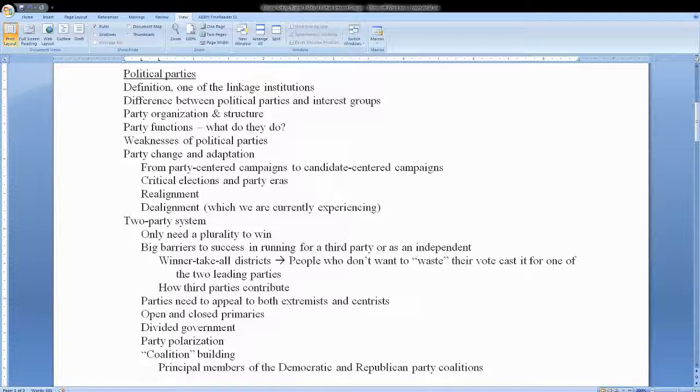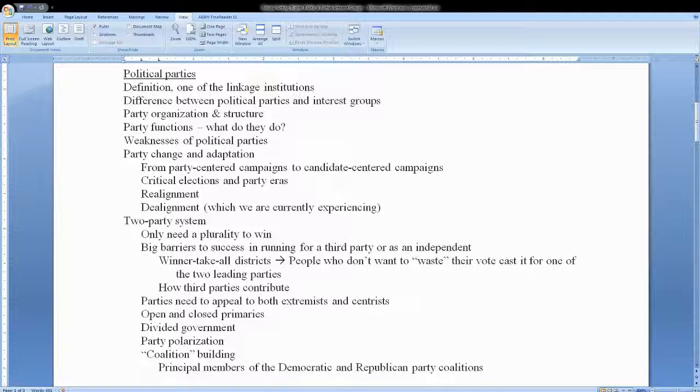In our two-party system, one of the first things to remember is that in elections other than the Electoral College, you only need a plurality to win. So even in the presidential election, you're going to have more than two candidates running. It's possible, and has happened several times, that the winning candidate only got a plurality of the popular vote.